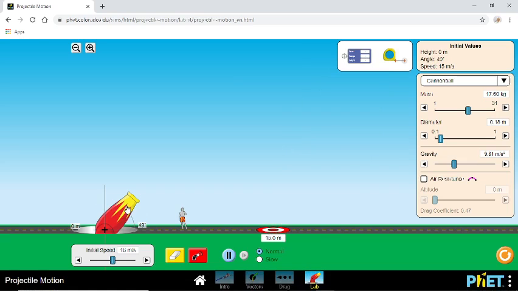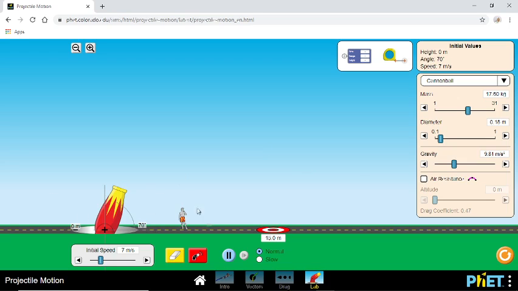At first we set up this cannonball to 70 degrees, and the initial speed is 7 meters per second, but the mass, diameter and the gravity we keep constant, because we want to know the maximum height and the range only.